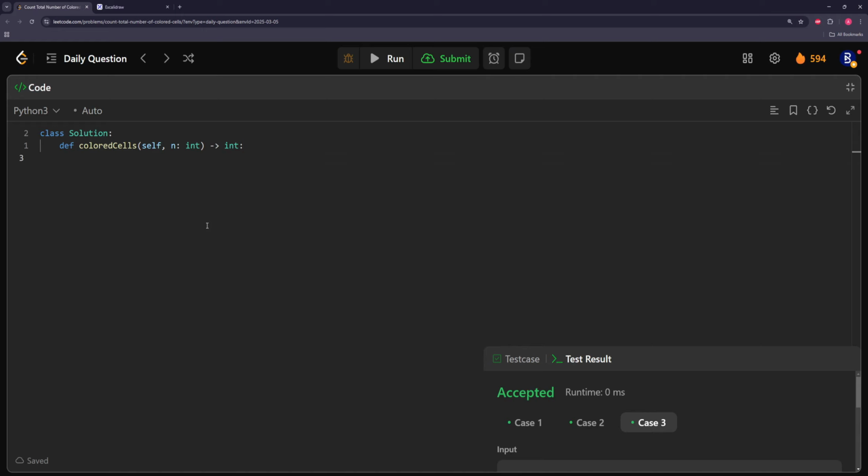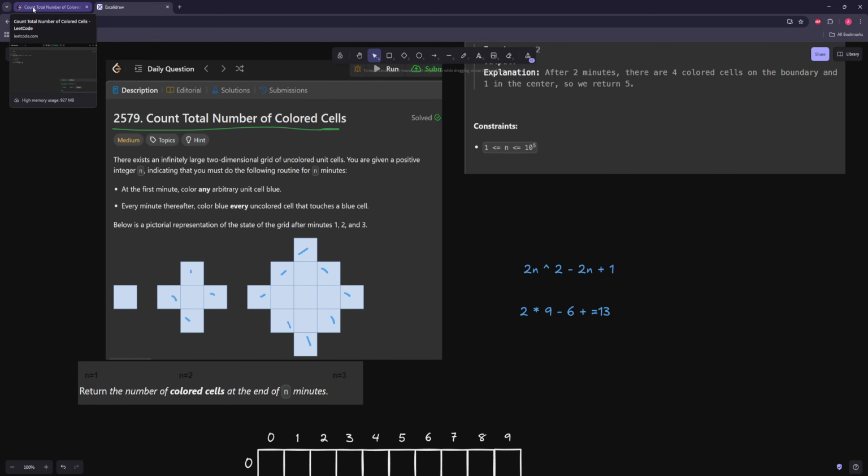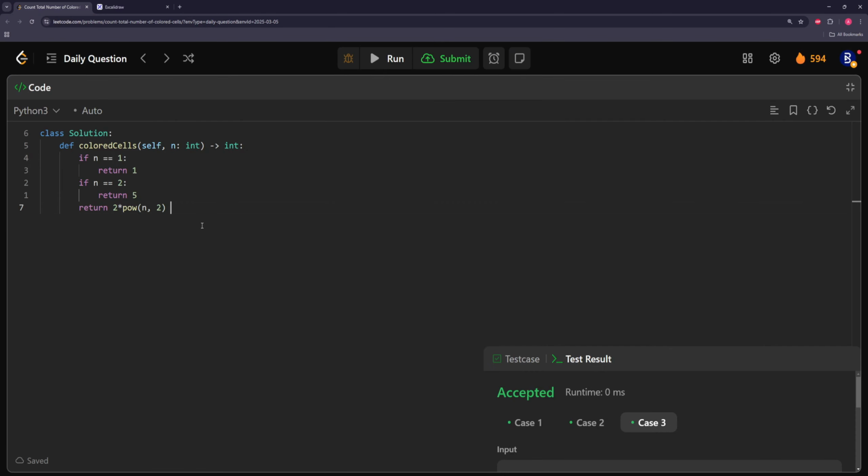So we're going to say if n equals 1, return 1. If n equals 2, return 5. Otherwise, we'll do the equation. Return 2n squared minus 2 times n plus 1.